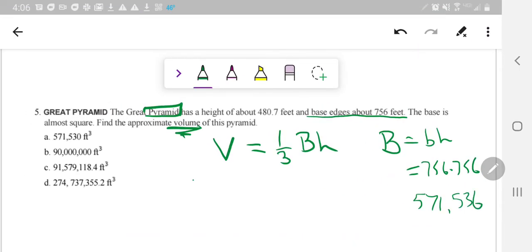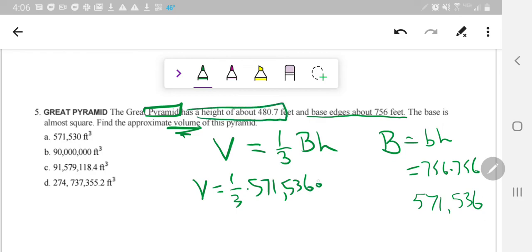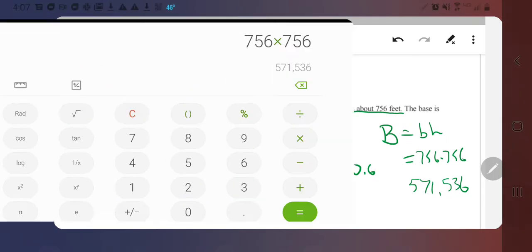All right, so now we're ready to plug it in here. 1/3 times 571,536, and it says it has a height of 480.6. So let's do that, times 480.6.